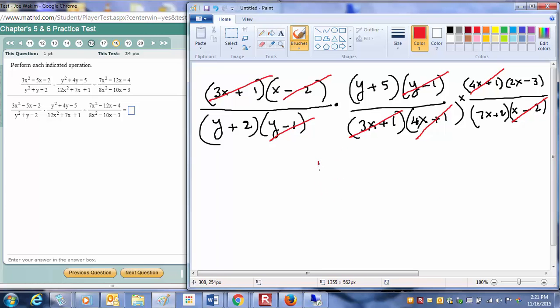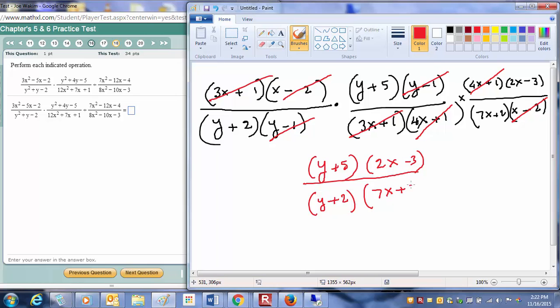So we're left with y plus 5 times 2x minus 3 over y plus 2 times 7x plus 2. And notice we cannot simplify any further, and this is the final answer. And you may multiply here and leave it in the product form. I mean, like you can multiply 2xy and then FOIL both of these and leave it in a FOIL form.